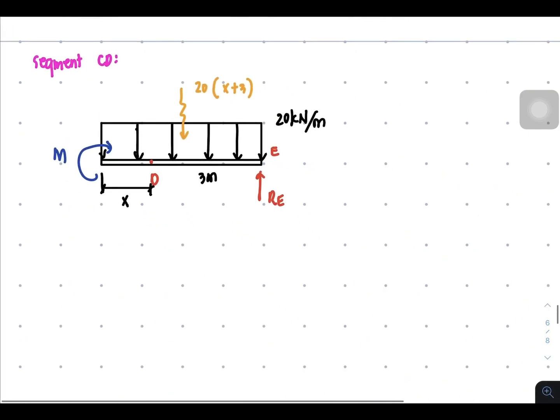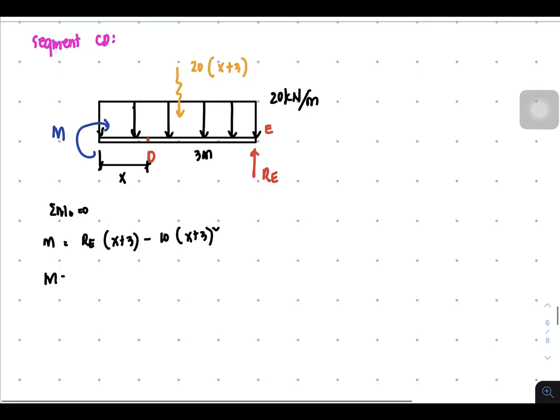And let us now get the moment equation. So summation of moment at the point of cutting equal to 0. You have m equal to RE times x plus 3. So minus, I'll just do the shortcut, 10 x plus 3 square, no?